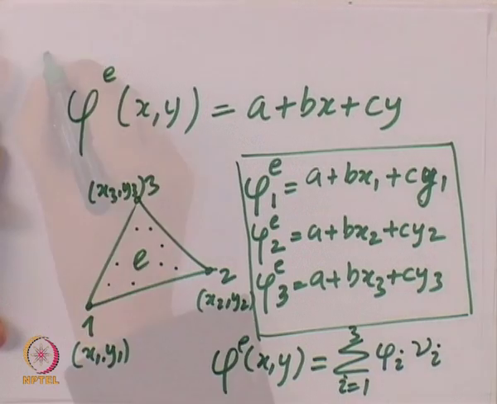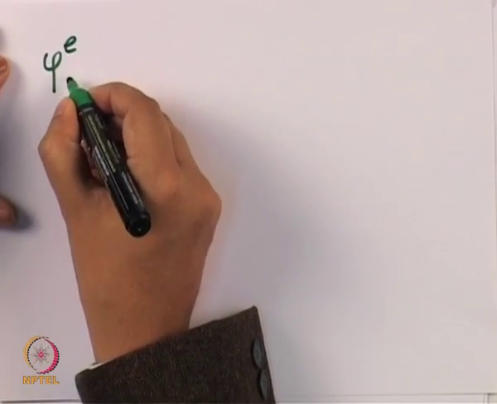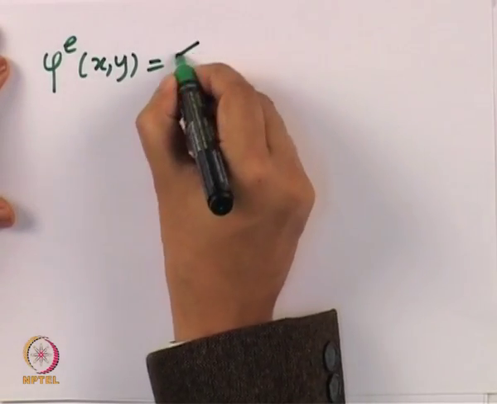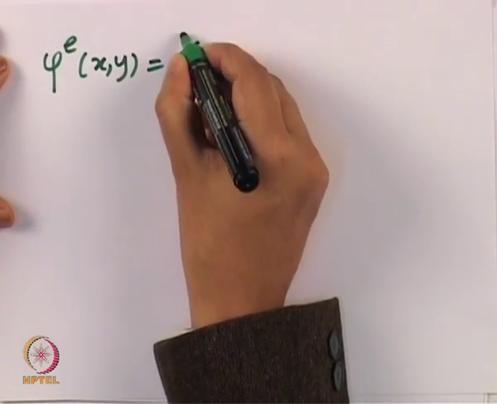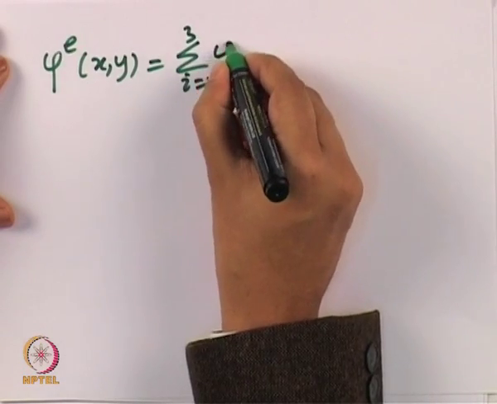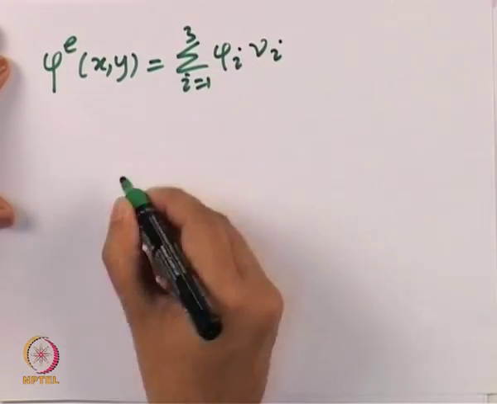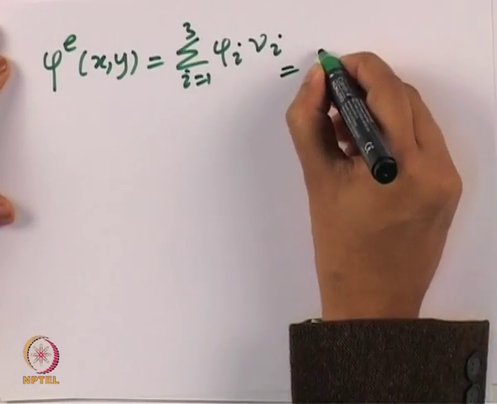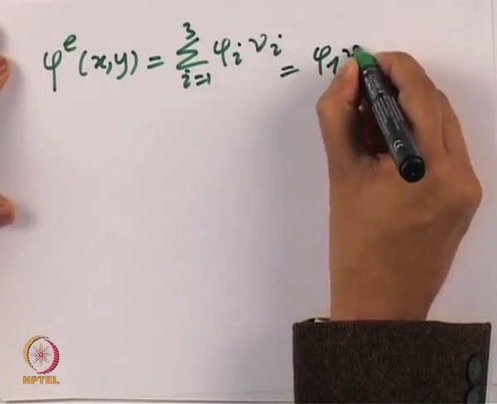So what I did is I said phi of E at any point can be written as sigma I equal to 1 to 3 phi of I v of I. So I can expand this as phi of 1 v of 1.